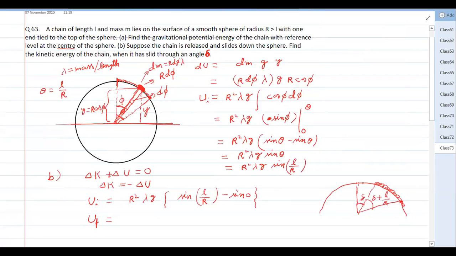So if the chain is starting from delta instead of 0 at the top point, and going up to an extra angle L by R, it will have limits delta to delta plus L by R.